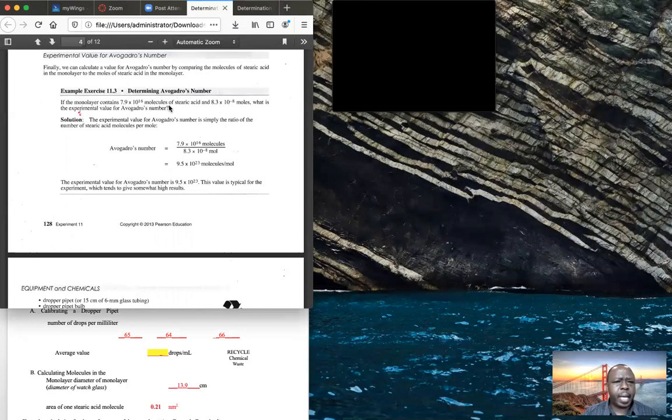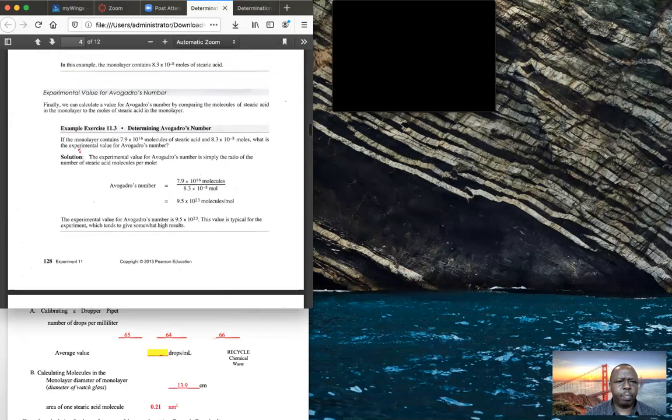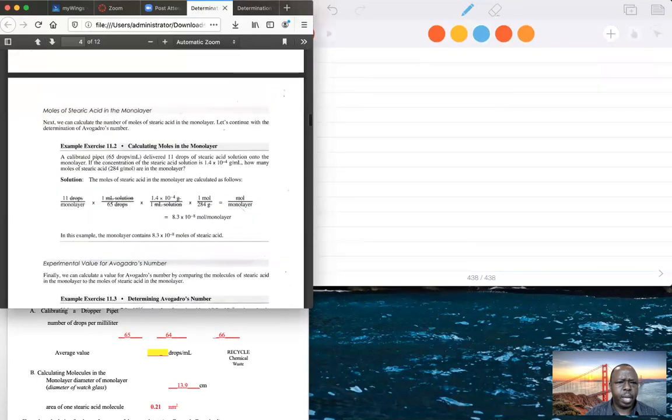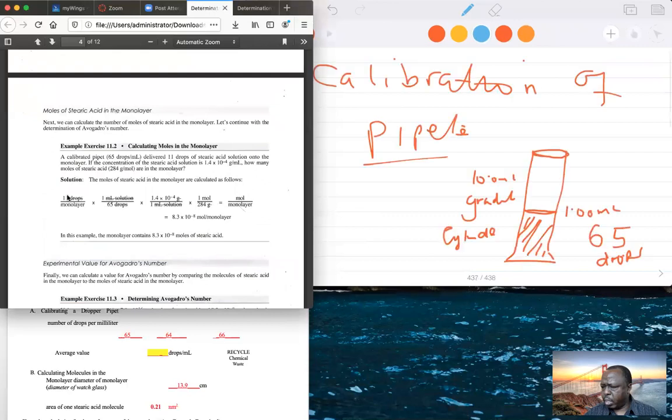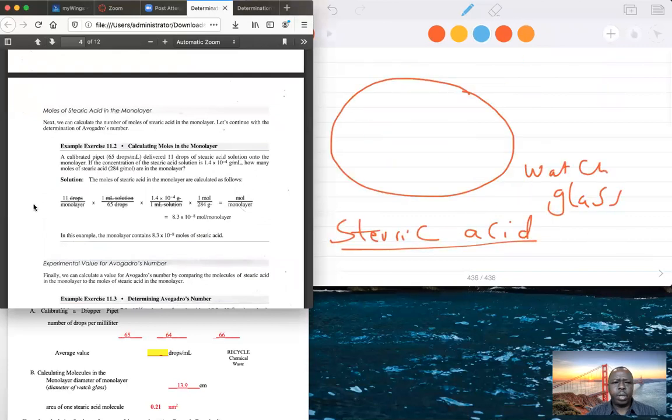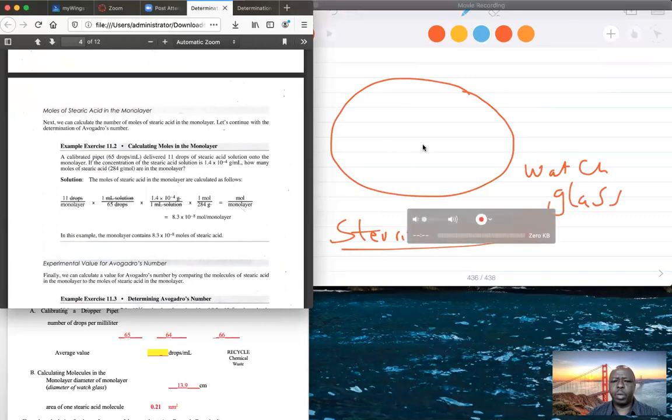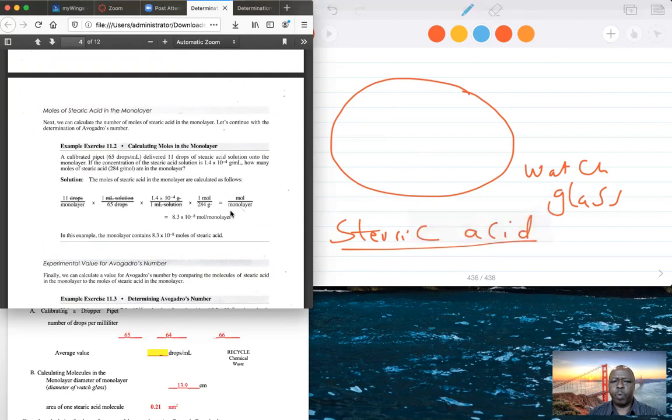This is from part A. And the number of drops you see here corresponds to how many drops we used to form a monolayer.